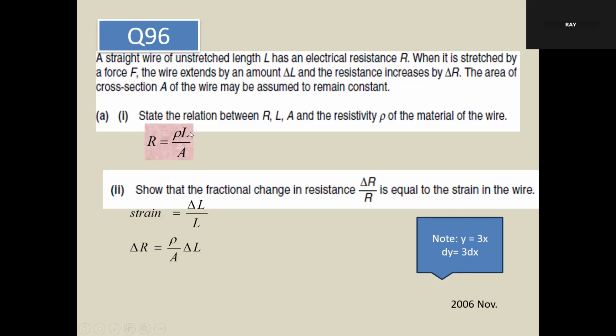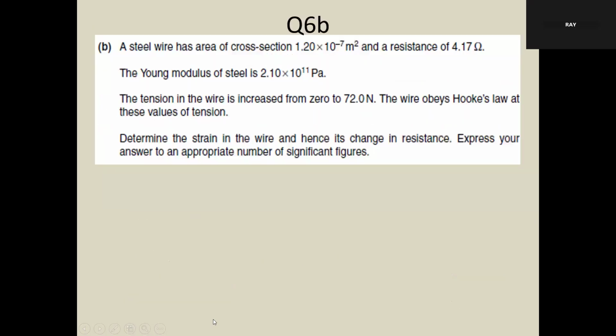Delta R, delta L. So dividing this one by that one, rho and A will cancel off. Delta R over R equals delta L over L. Okay or not?